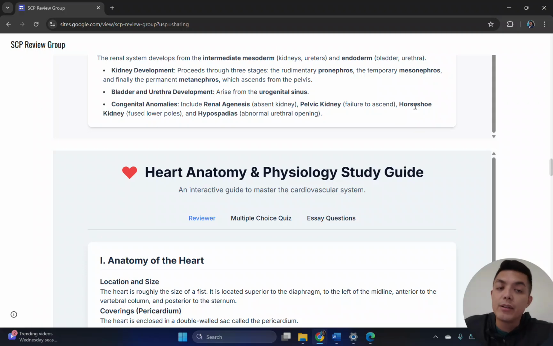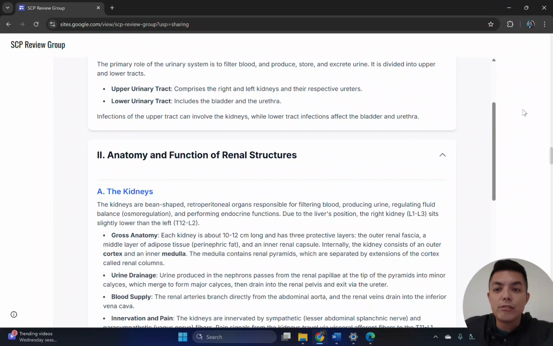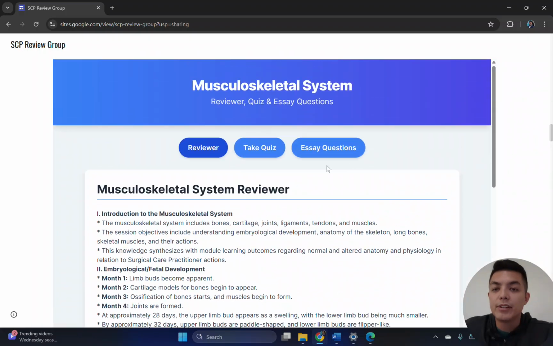Another is the horseshoe kidney, which has fused lower poles of the kidneys. And another one is hypospadias, which is an abnormal urethral opening, and it can be seen especially in males. Okay, so that's the overview of the renal function.